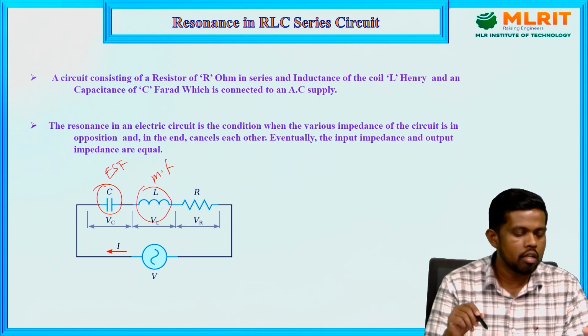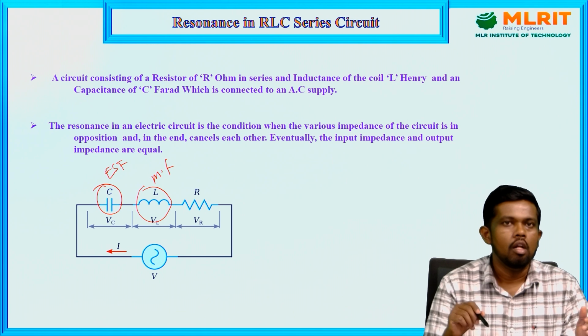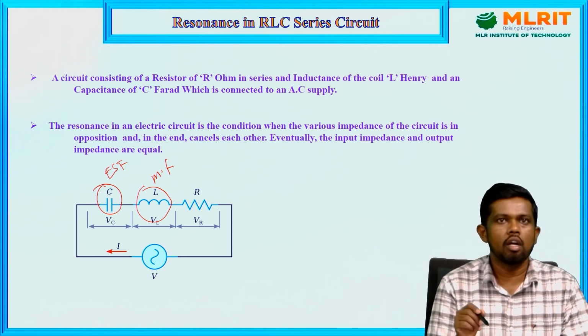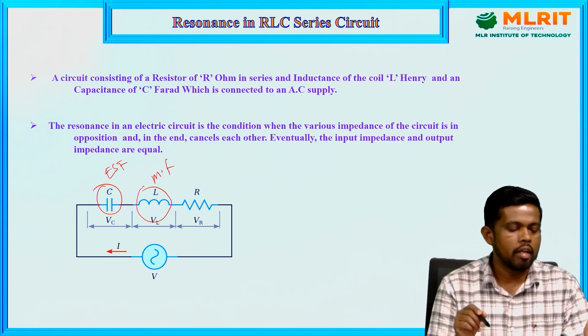If the two energies are present at a particular instant with wide variation, that corresponding instant of the circuit is said to be the resonance condition. So in the RLC series circuit, the energies in the inductor and the capacitor are present at a particular instant.